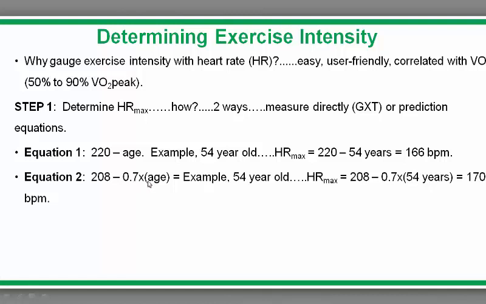Once again, we have our 54-year-old, and to calculate this person's heart rate max using the second equation, we first multiply 0.7 and 54, and we subtract that quantity from 208, and we would end up with a maximum predicted heart rate of 170 beats per minute, which is just slightly higher than the first equation.